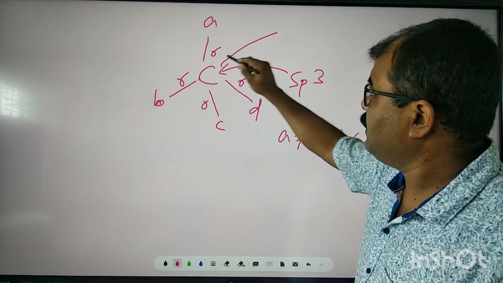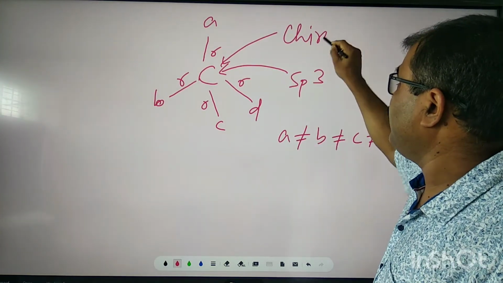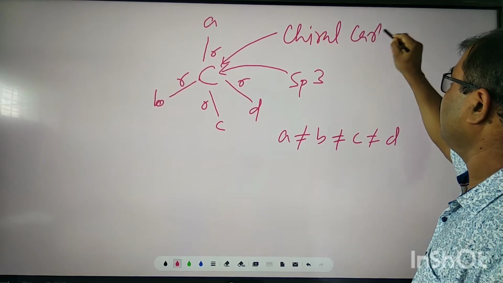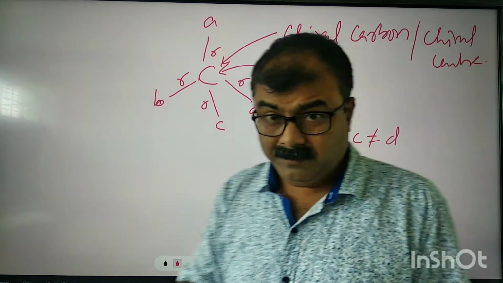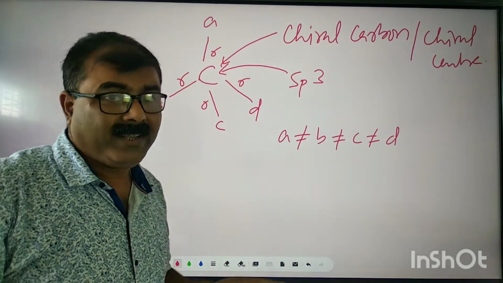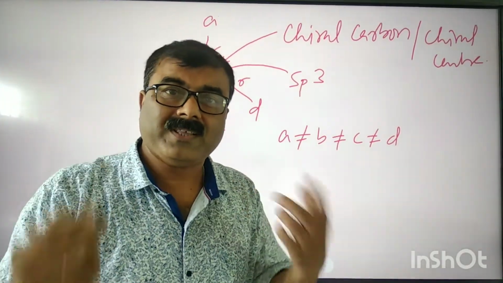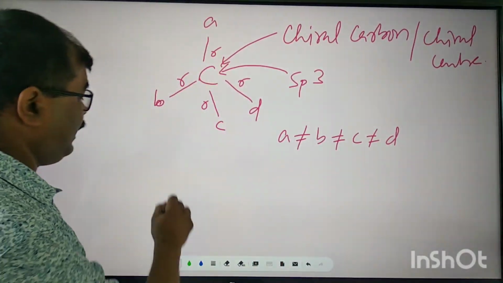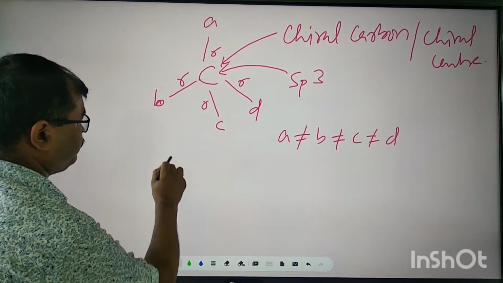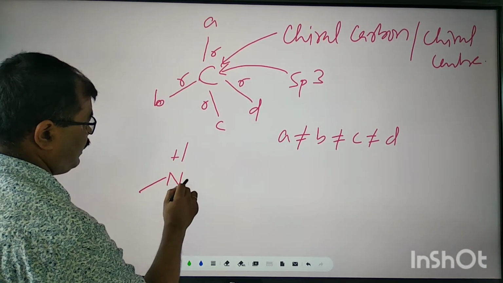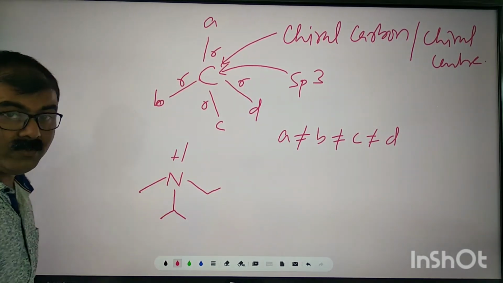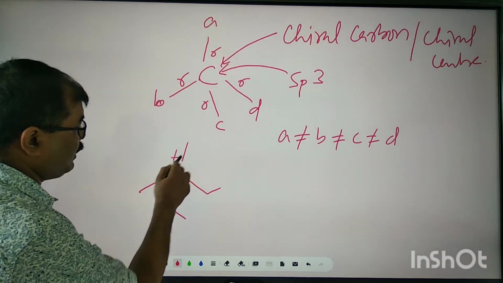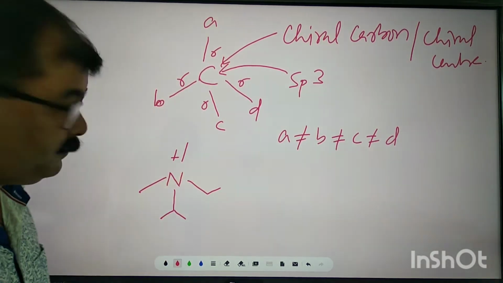Then we will say this is chiral carbon and this chiral center. Now see, it is not necessary the chiral center is always chiral carbon. Here I am giving an example. This nitrogen, now is it a chiral center or not?